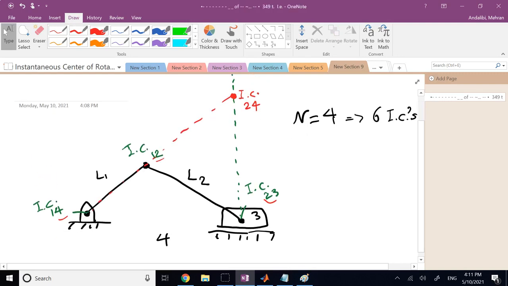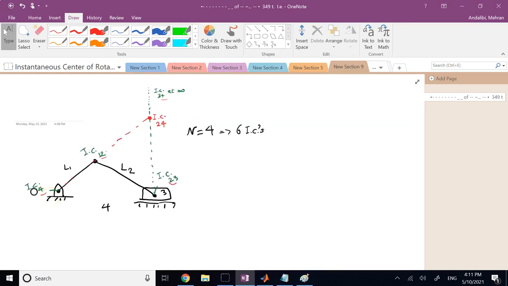Now here there is 1, that is 1 with respect to 3. Do you have 1 with respect to 3? No, we have to find it. And how can I find 1 with respect to 3? Well, if this time I connect these two, 1, 2, and 2, 3, since they both share 2 and they don't share 1 and 3, so 1, 3 should be on this line.